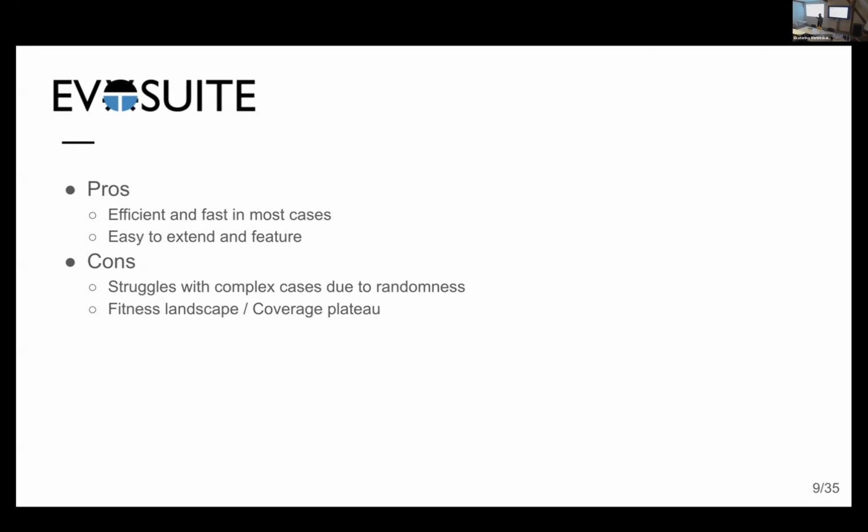And due to the randomness of its nature, it can be hard. There is also a problem that is called the fitness landscape problem or coverage plateaus.